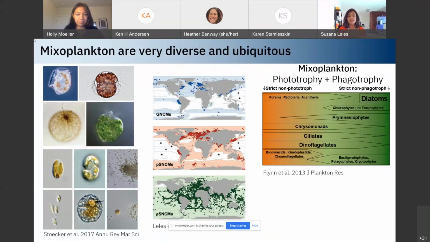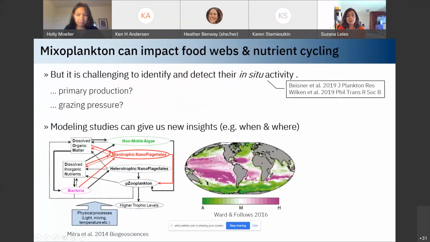And we know that they are very diverse, as we can see here on the left. And as you can see in the global maps, they are also ubiquitous in the oceans. But it is very challenging to identify and detect the activity of these organisms in situ. So we don't really know how much mixoplankton contribute to the total primary production or to the grazing pressure in the oceans.